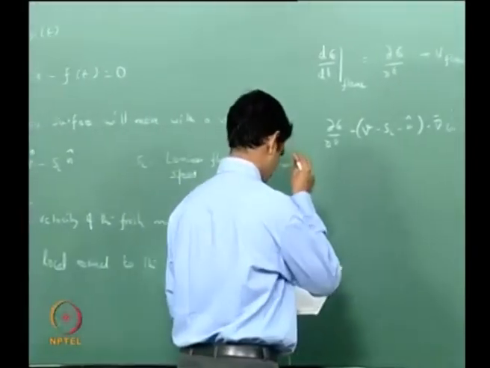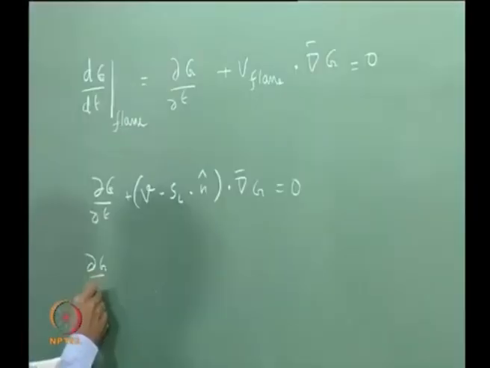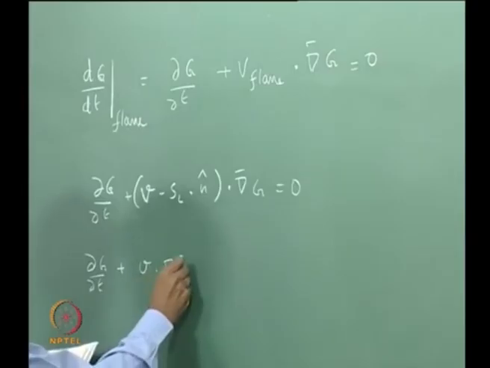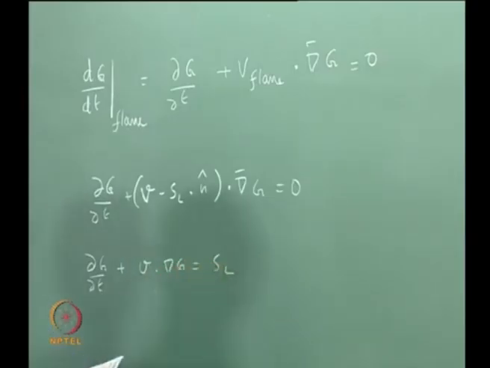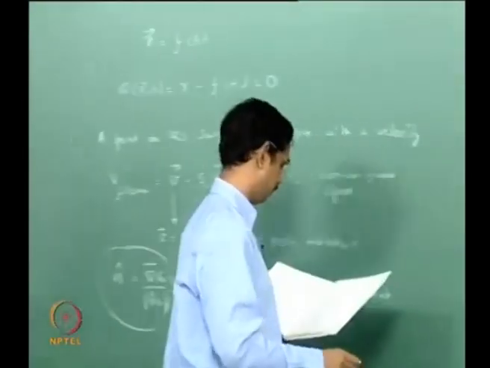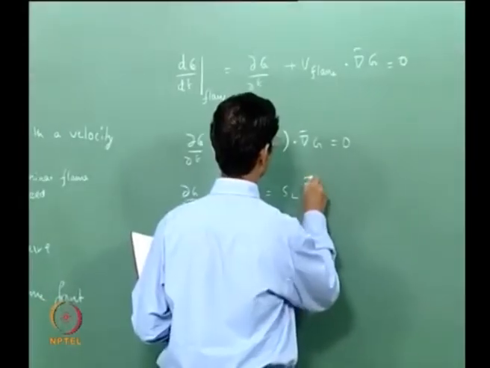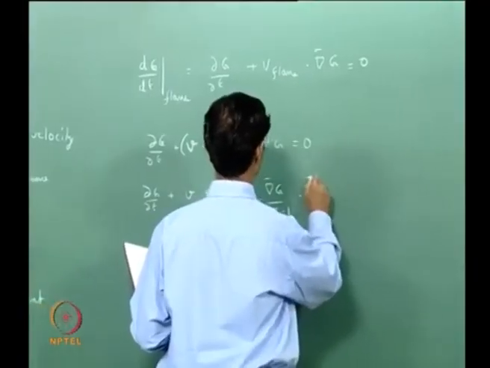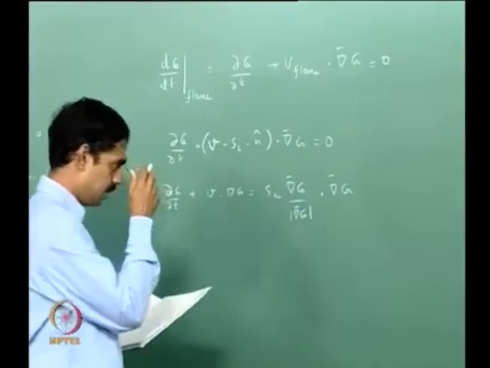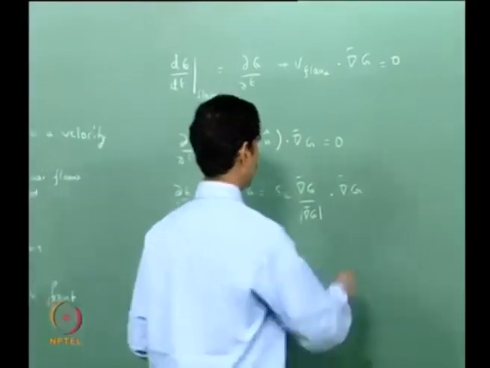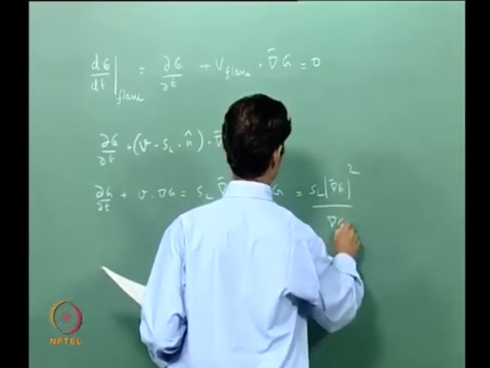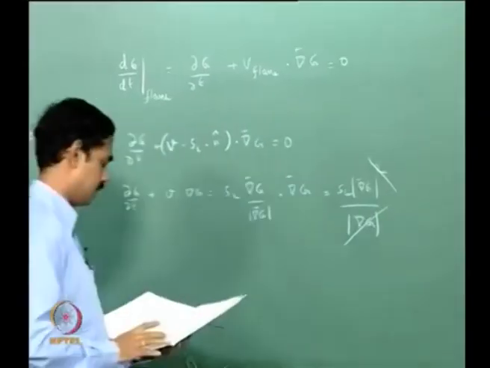So this we can expand as partial G by partial t plus V dot del G equal to SL, and we have this expression for N dot del G. So del G dot del G is the magnitude of del G squared, so this would be SL times modulus of del G. So we can cancel this.